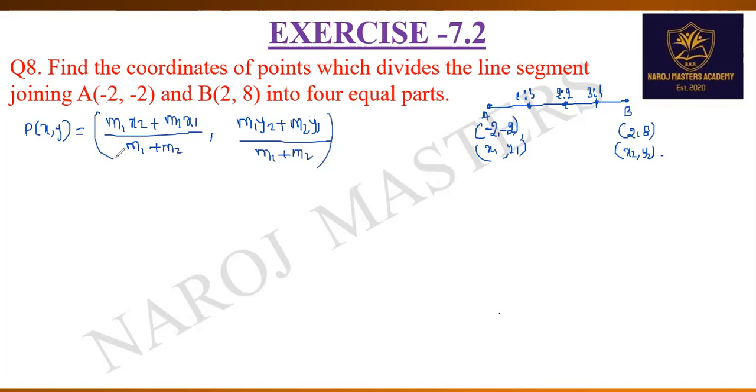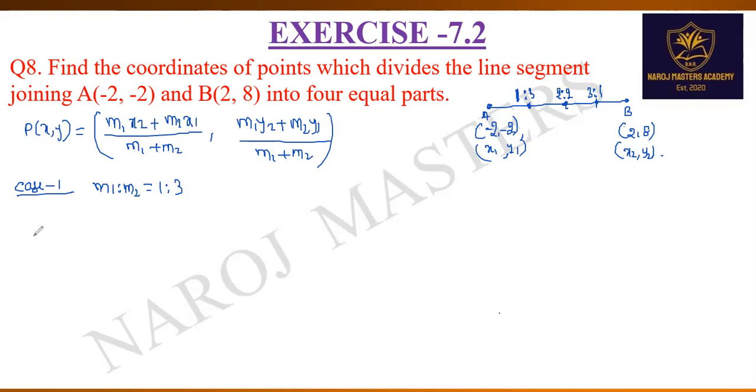This is the formula, and we use it for 3 cases. Case 1, that is 1 is to 3, m1 is equal to 1, m2 is equal to 3. Here m1 is to m2 is 1 is to 3, and x1 y1 and x2 y2 are the same values in all cases.